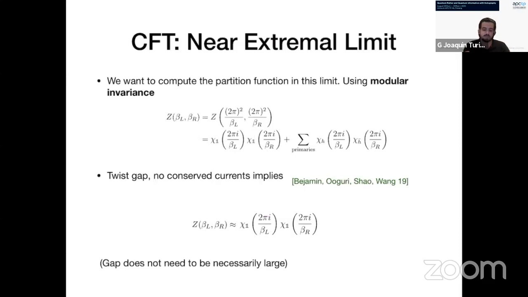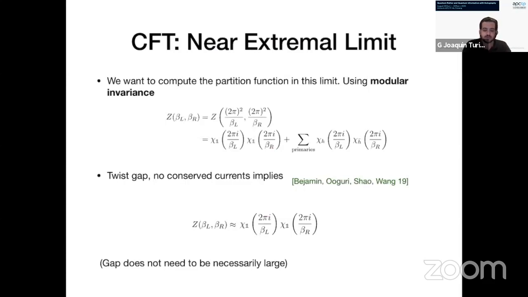Now, the point is that if there is a twist gap, I will say in a sec what it means, but with the assumption of twist gaps, you can argue that when you're looking at very large beta L and small beta right, only the vacuum dominates, and you get this. So this is kind of a Cardy argument with a subtlety. How does it work?